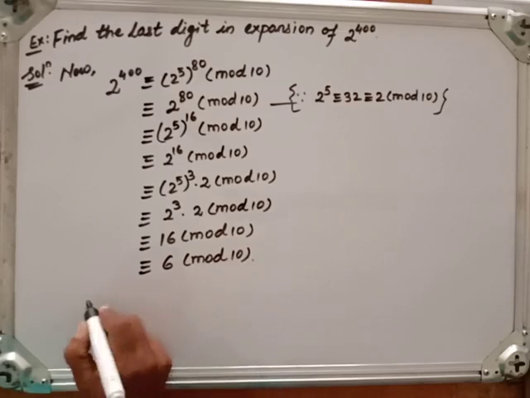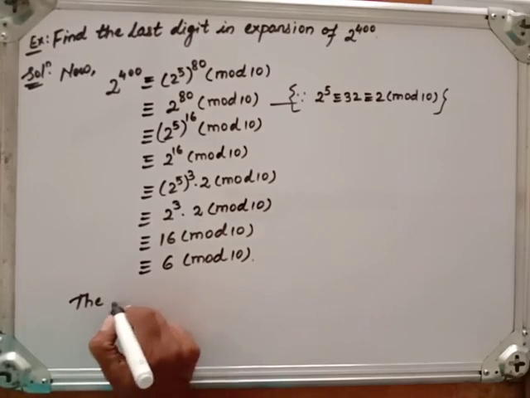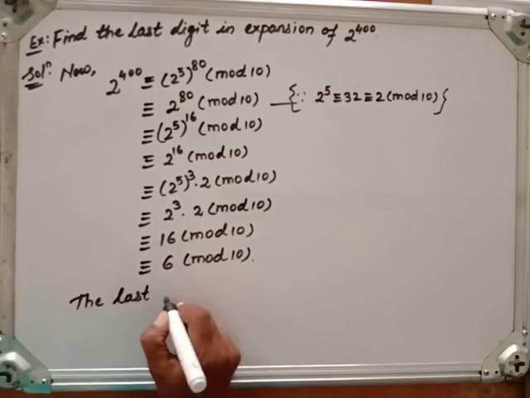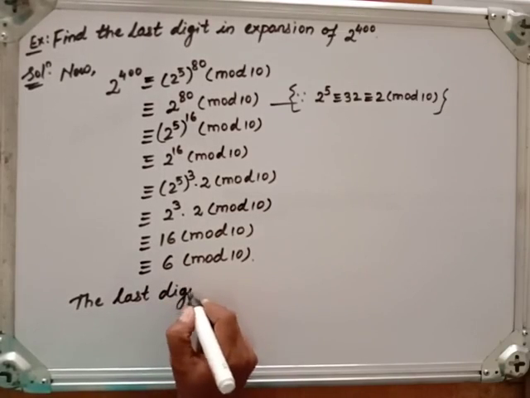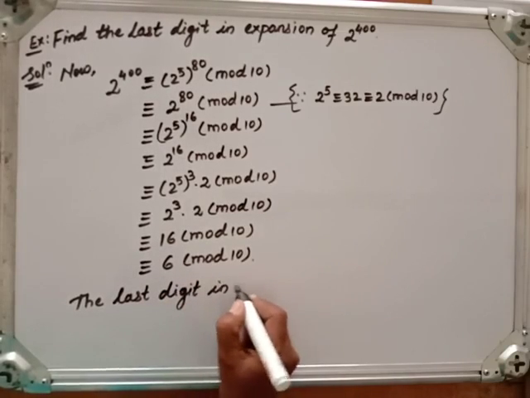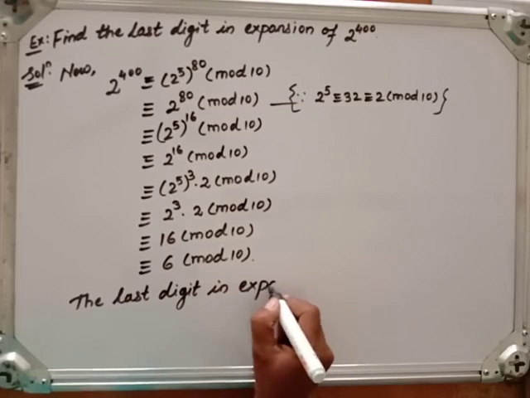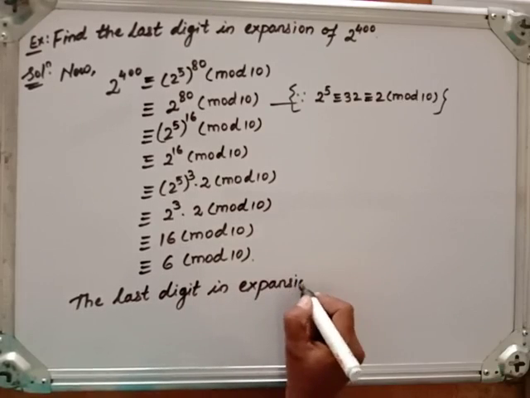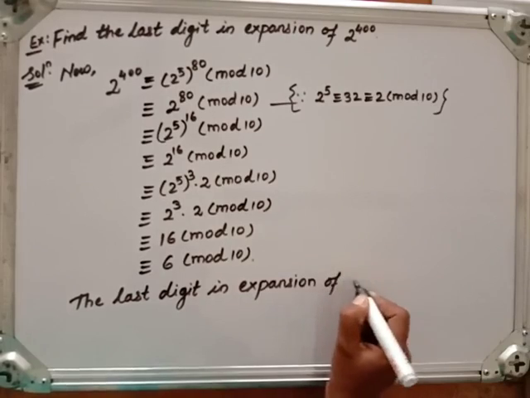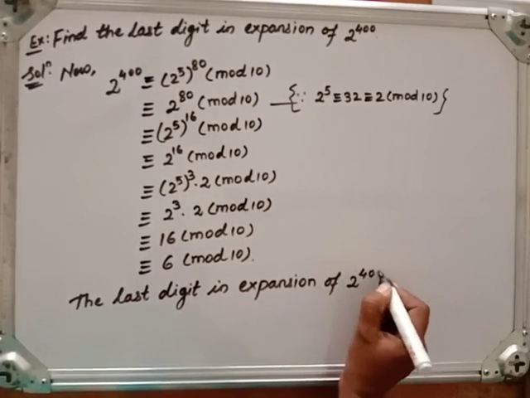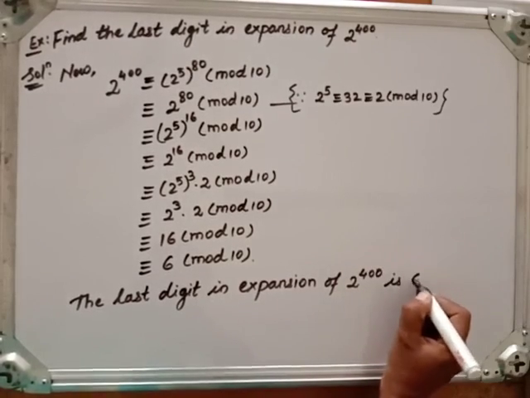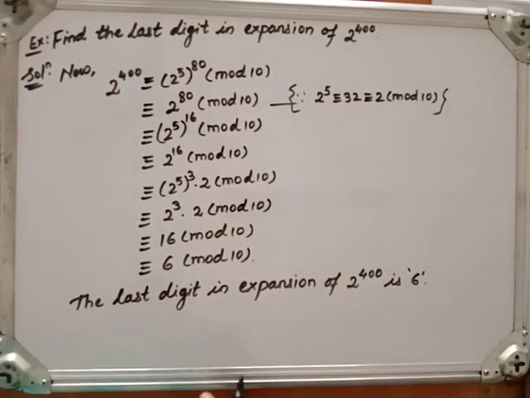So what will be the answer? The last digit in the expansion of 2 raised to 400 is what? 6. This is 6.